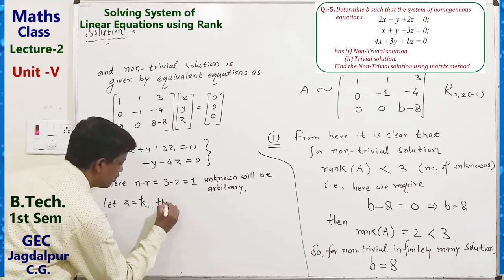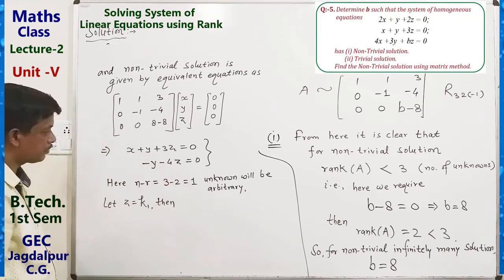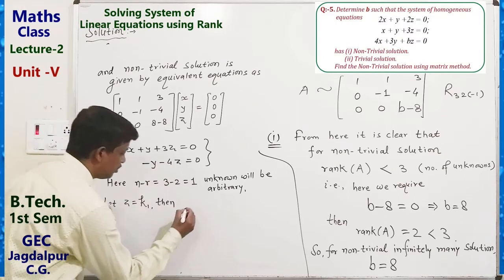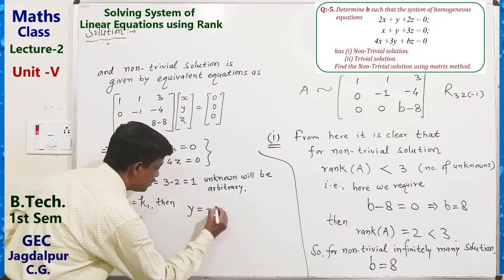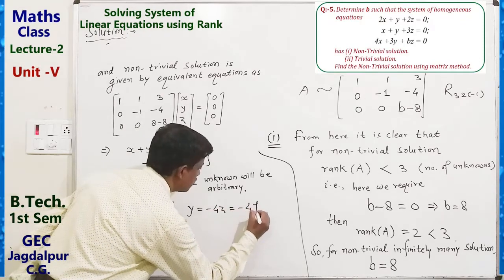Then from here y equals to minus 4z equals to minus 4 k1.